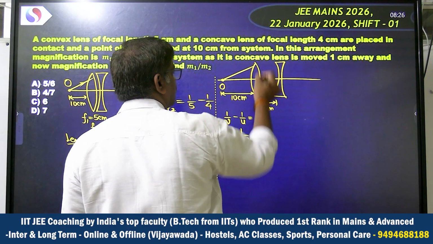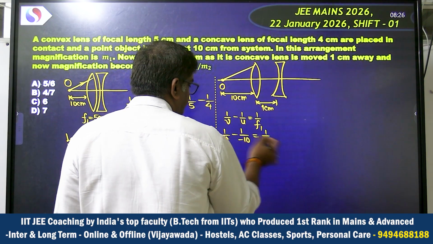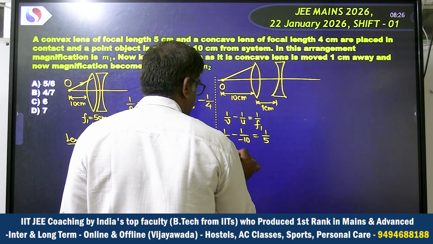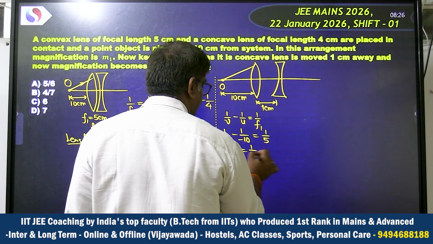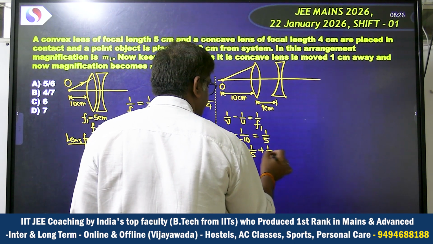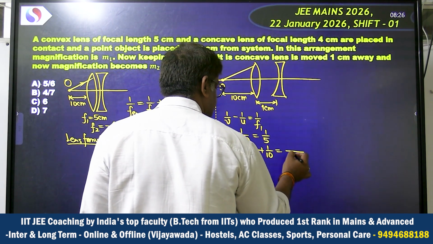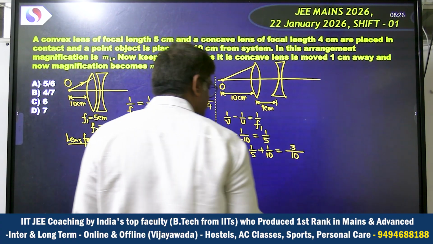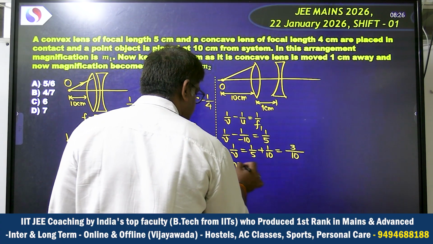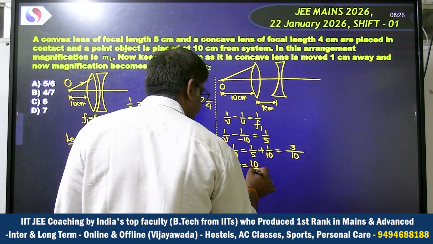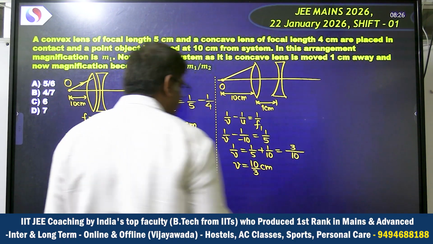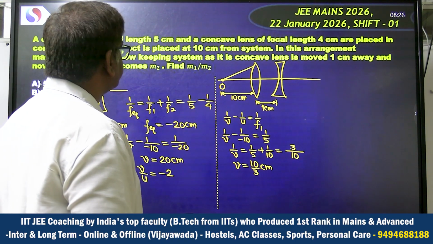Because the focal length of the convex is 5 centimeter, which gives 1 by V is equal to 1 by 5 minus 1 by 10, so V is equal to 10 by 3 centimeter.